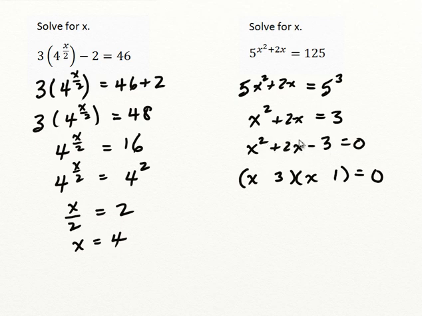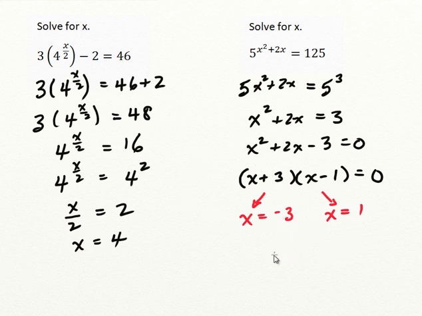And when I add them, I need more positives. That is, I need positive 2. So I will put the positive sign with the 3, negative with the 1. And now we can go ahead and solve for this. So x equals negative 3 or x equals positive 1. So in this case, there are two solutions for x.